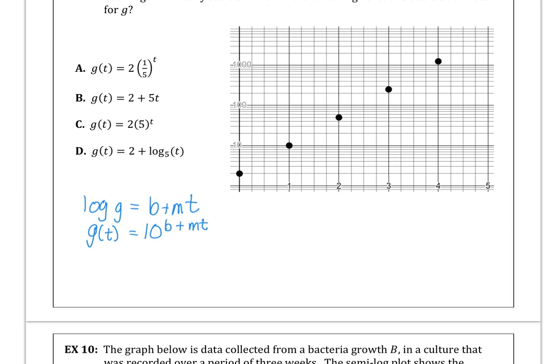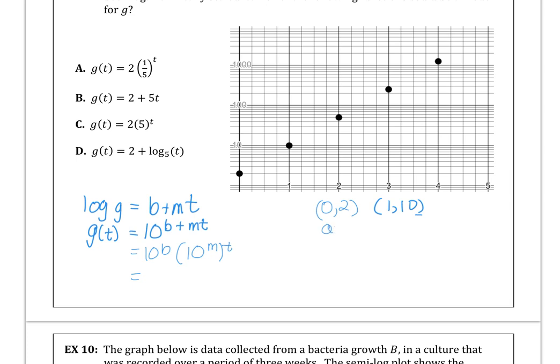If we have 10 to the b times 10 to the mt power, we could have, let's see, we got 0, 2, and we got 1, 10.